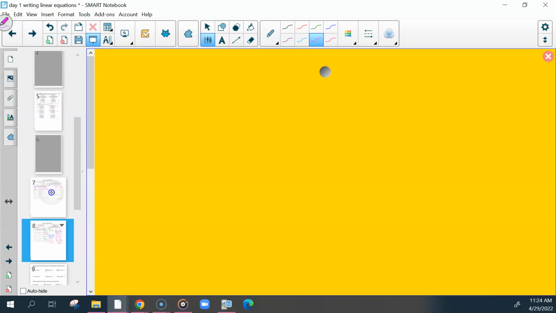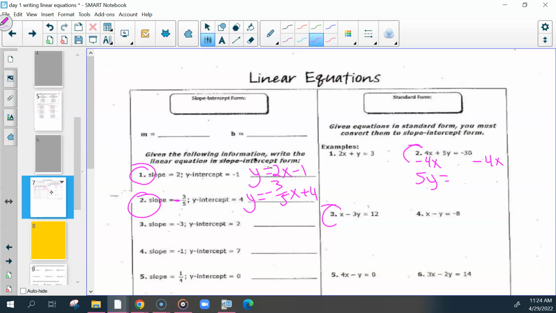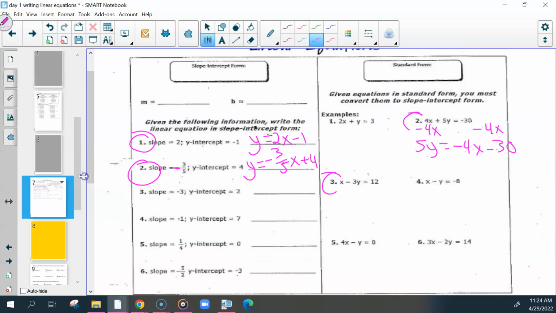Not that one, this one. -4x minus 30. And then divide everything back up. Do that separately. So the 5 would cancel, so you have just y.